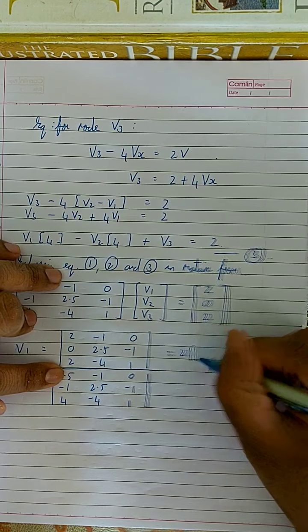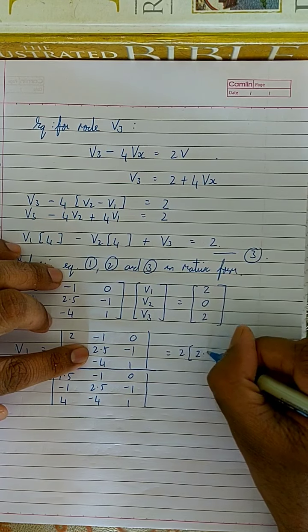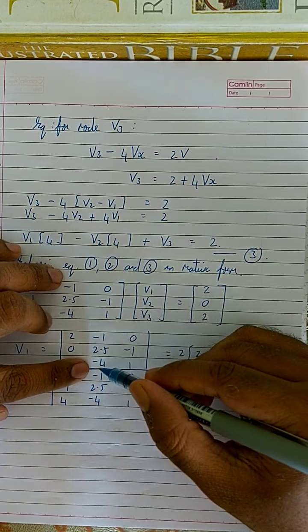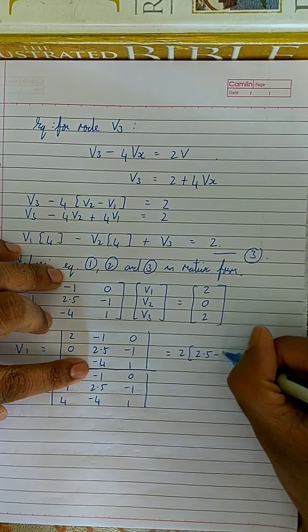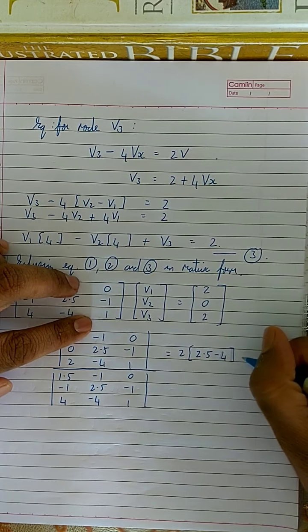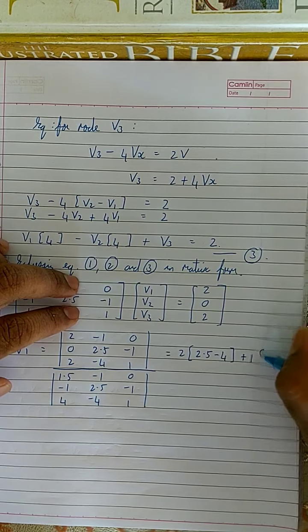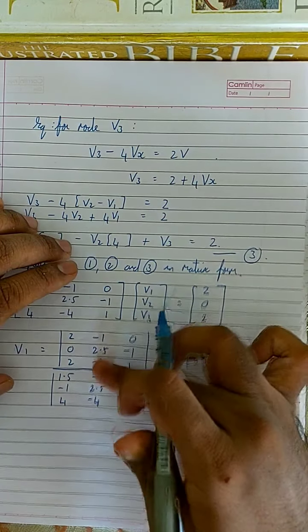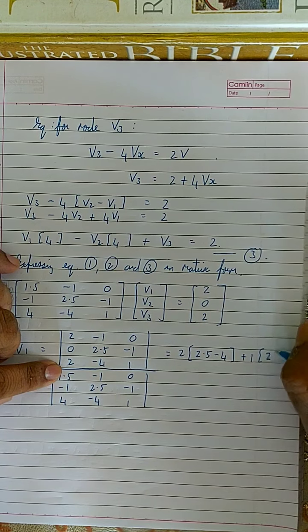Okay, and this is equal to, let's see, 2 into 2.5 minus 4, and this becomes plus, right? So it is 2.5 minus 4 plus 1 into, this is 0 plus 2, so this is 2.